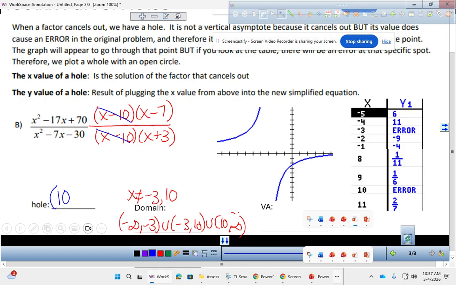The y value of the hole you have to solve for. And the way that you're going to solve for it is you're going to take this equation, x minus 7 over x plus 3, the equation without the minus 10, and you're going to plug 10 into that equation.